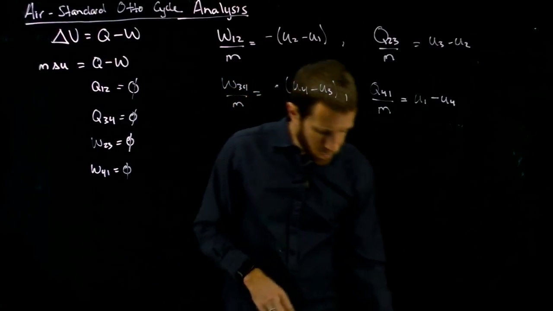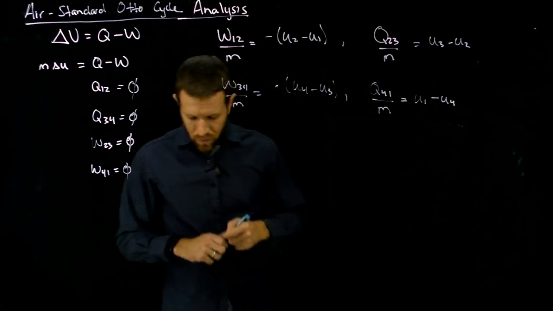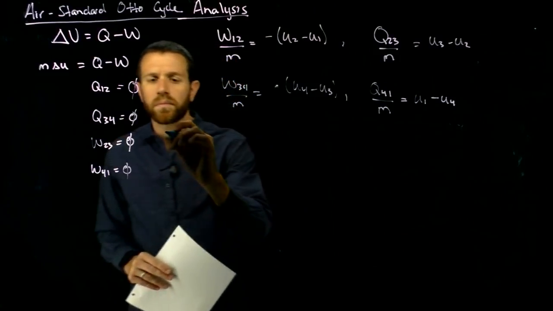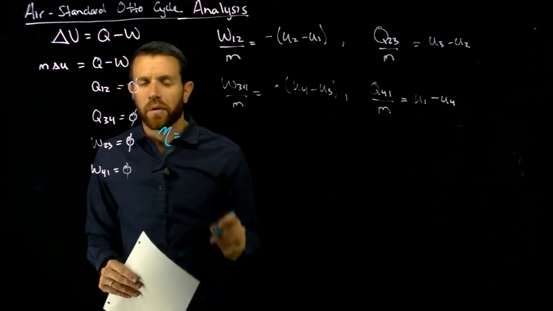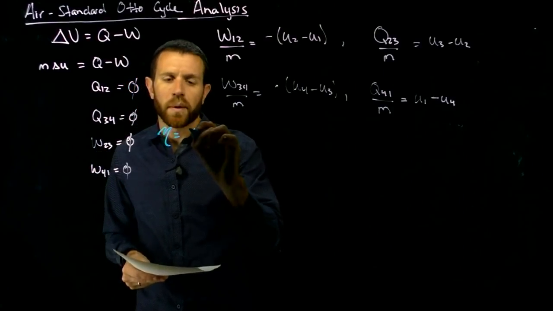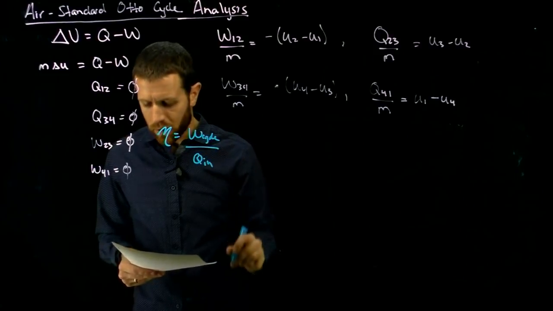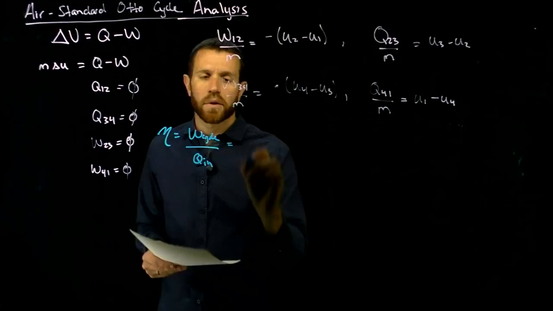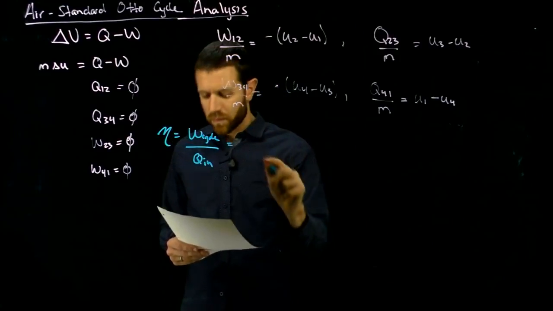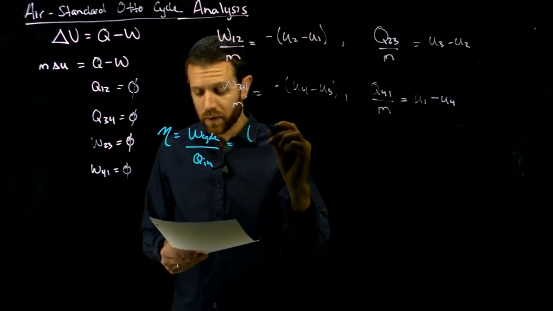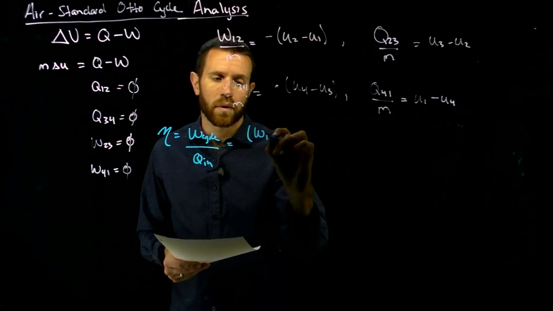Let me switch markers here. Okay, so my thermal efficiency for my cycle will be W cycle over Qin. Nothing has changed there. So I've got two works. One will be positive, one will be negative in sign.